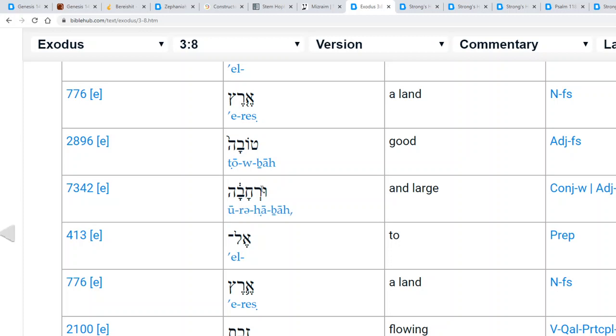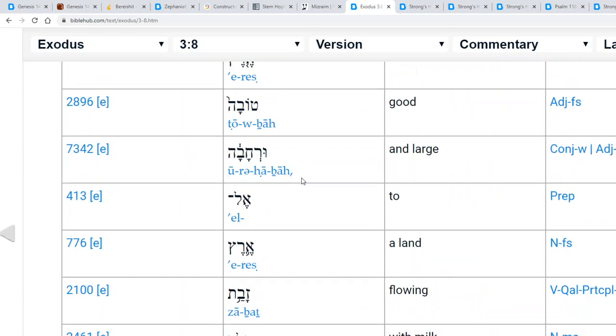But the root here is resh chet bet, which means wide. A street is called a rehov, because there's that width there, so people can walk between things. So an avenue or boulevard in modern Hebrew is called rehov, and also I believe in ancient Hebrew.